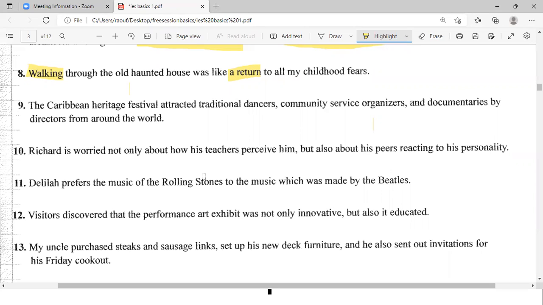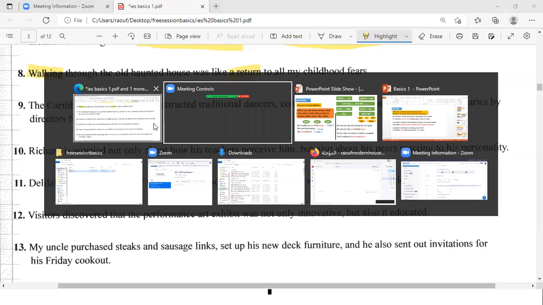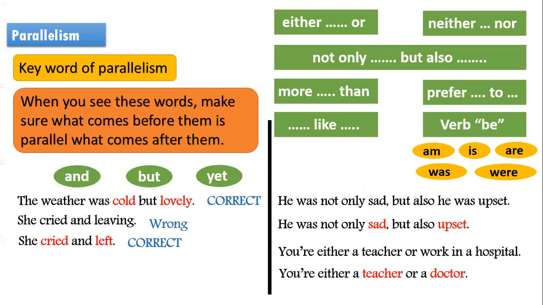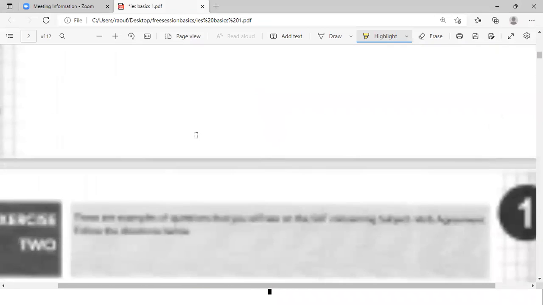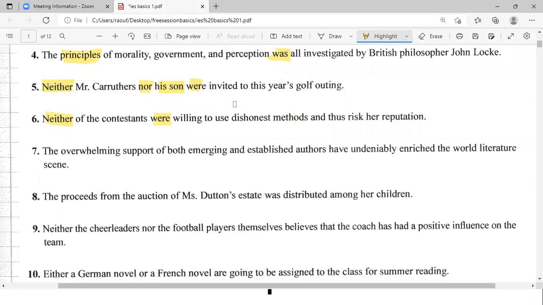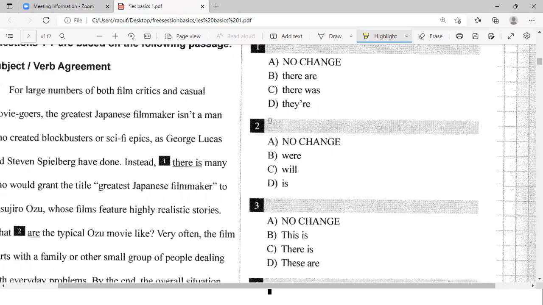Now we have tackled subject verb agreement and the first part of parallelism. Usually, the homework I give is the following page. If you remember this, let me go back to the sheet. We answered this page together, okay? Your homework should be the page that follows. This one. Can you see it?